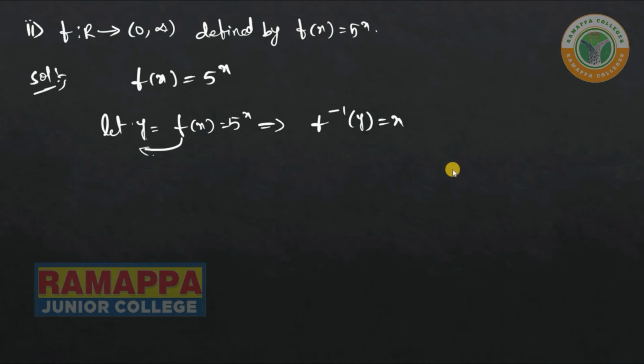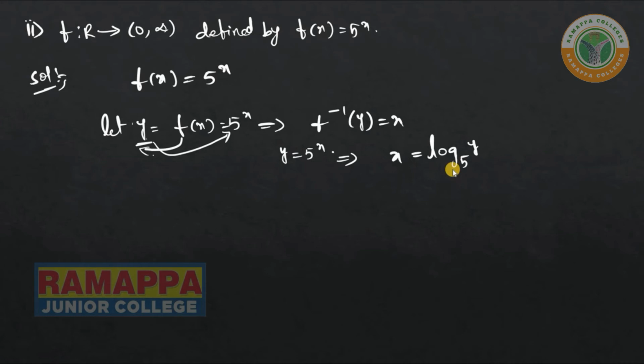Here y is equal to 5 power of x, and we can write it as x is equal to log of base 5 of y. In the 10th class there are logs, so we can modify it in this form.